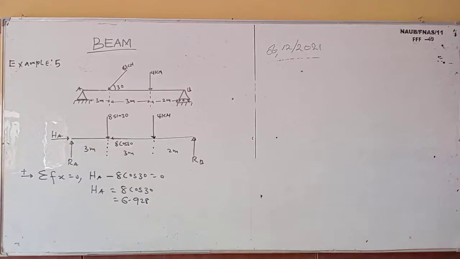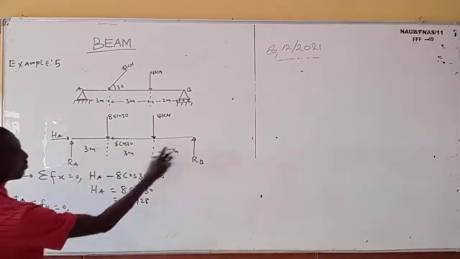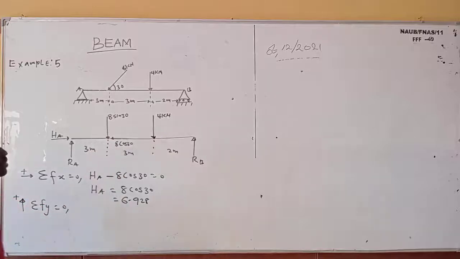Okay, so now the next thing is we are going to get our summation of vertical force. So you can see our upward force should be positive. Summation of Fy equals to 0. So this one will be positive, this one too will be positive, but this and this will be negative.